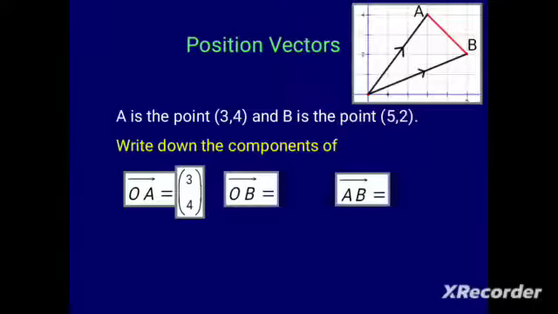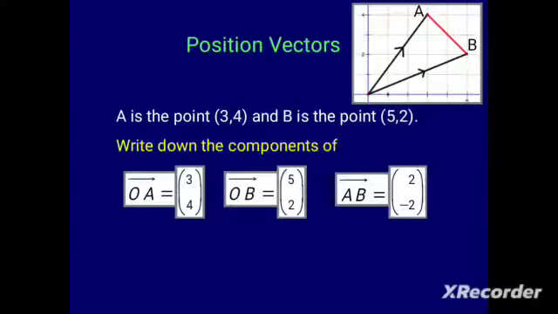So you still get vector OA to be 3, 4. The other one, vector OB, will be 5, 2. And AB is the same as OB minus OA. So OB is 5, 2, minus OA which is 3, 4. You subtract and you get 2, negative 2.